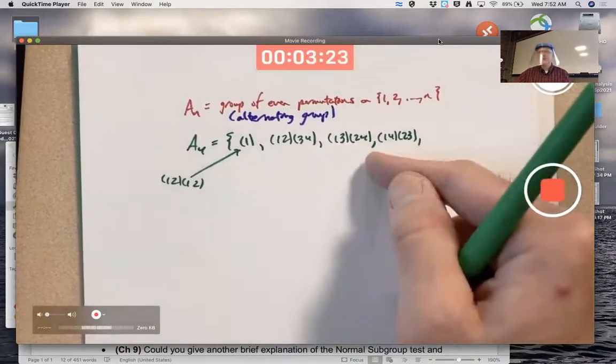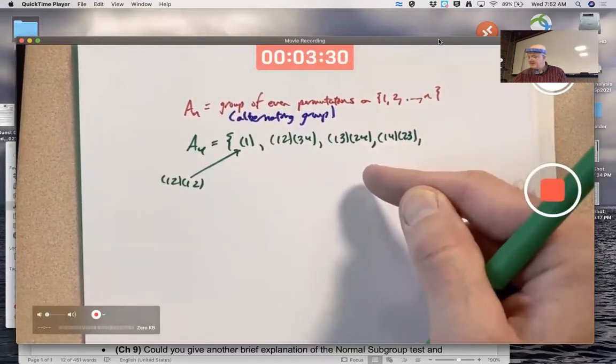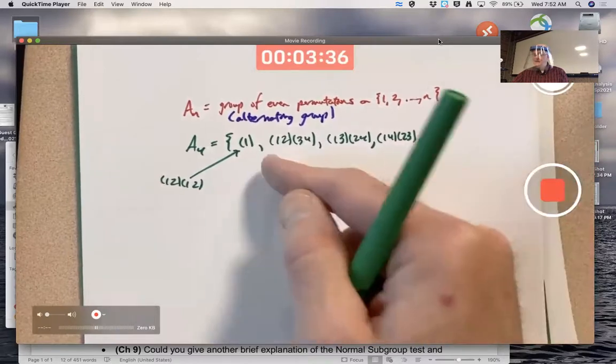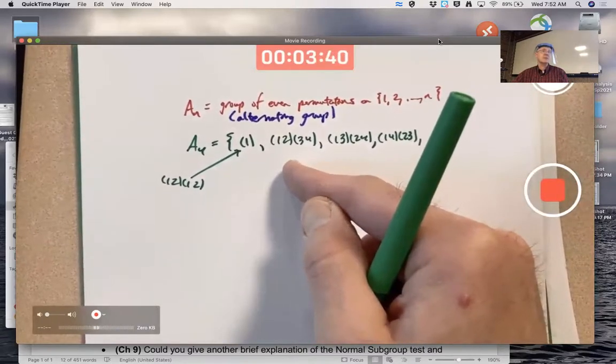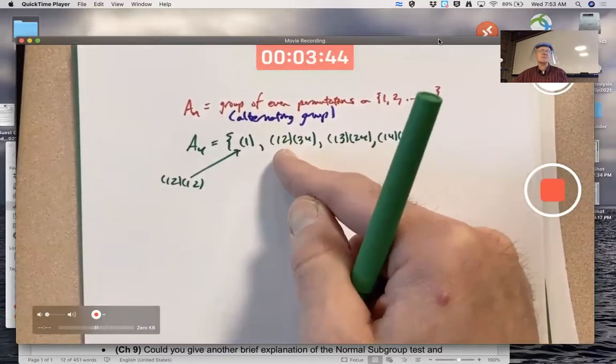Those are all the ones that are the product of 2 disjoint 2-cycles. You could switch the order of these around, but because they're disjoint cycles, they commute. And so if I wrote (3 4)(1 2), it would be the same permutation.